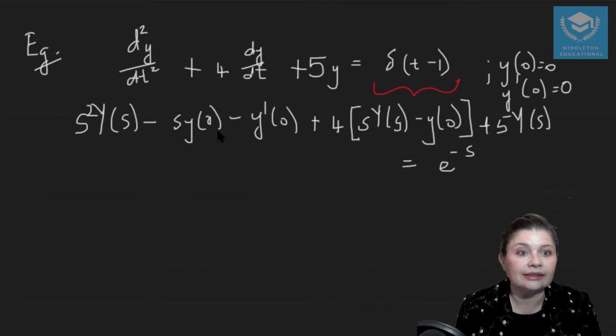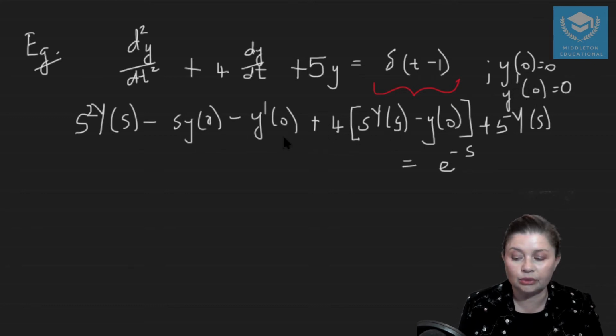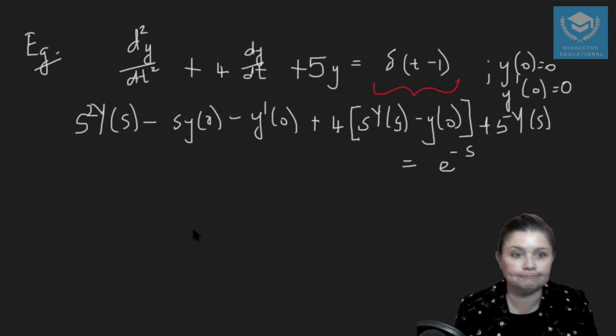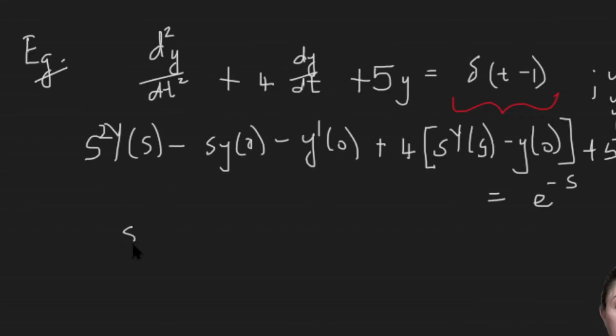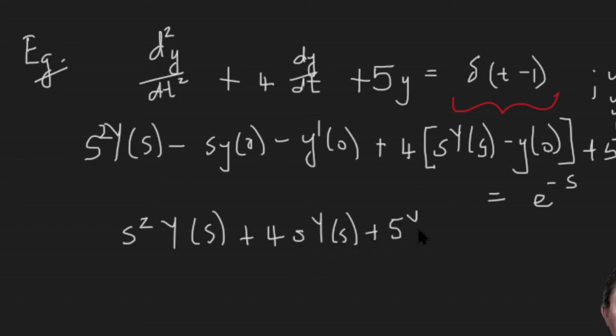Okay, so now we can simplify our left-hand side because you see you have initial conditions. So y at 0 is going to be 0. Y dash, the derivative at 0, is going to be 0 also. So we end up with s squared Y of s plus 4 s Y of s plus 5 Y of s equals e to the minus s.